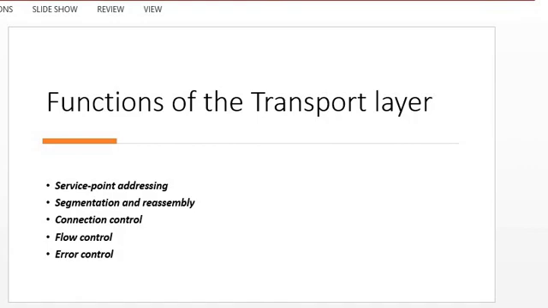A connectionless transport layer treats each segment as an independent packet, and delivers it to the transport layer in the destination machine. So when we are using a connectionless model, each segment is treated independently, and so is the way it is delivered at the destination machine.